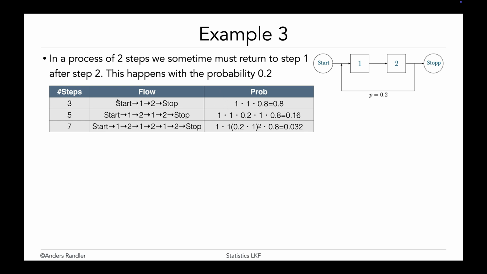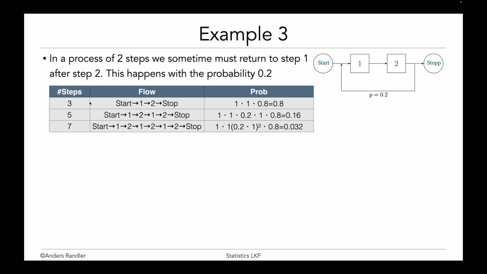Okay, so I've tried to express this using this table. So you can start, you will go to 1, to 2, and stop. And the probability is, well, the first 2 steps are sure steps. You have to do them. The last step will happen with a probability of 0.8, going from here to here. I mean, going down is 0.2, so it has to be 0.8 going there.